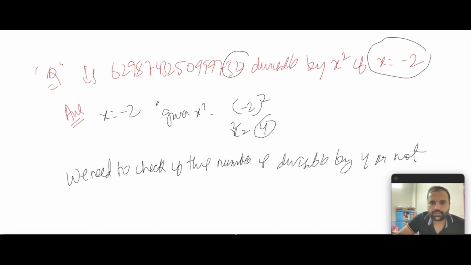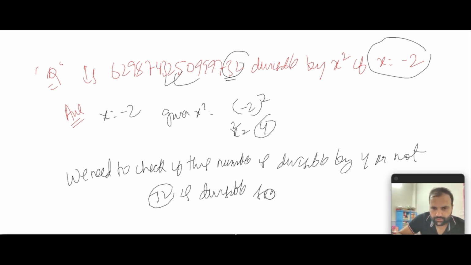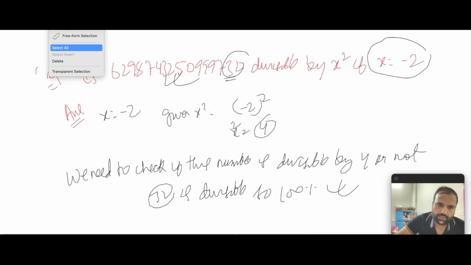Sometimes we get to fear from these numbers. So we see 32, it's divisible, so it is certainly divisible. So 100% this number is divisible. Simple. Let's see if we can do another question over here.